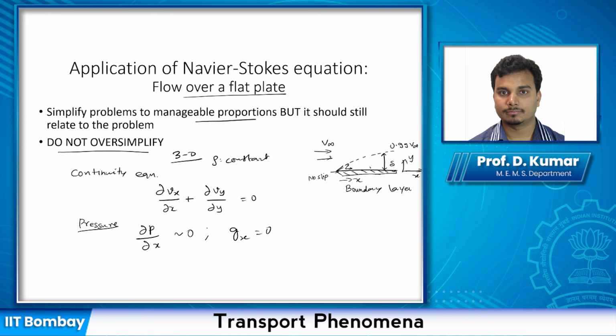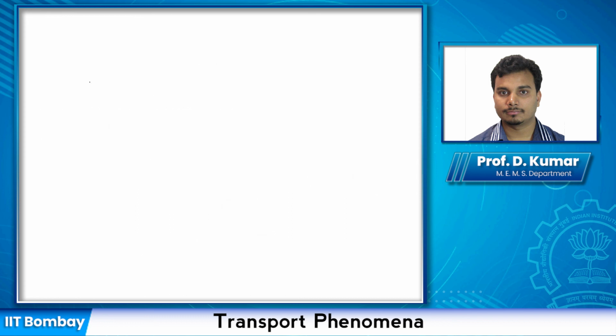With these assumptions, now we can write the momentum balance equation. In x momentum, since we are talking about steady state, we are interested only in this state, so the del Vx by del t term will be 0.